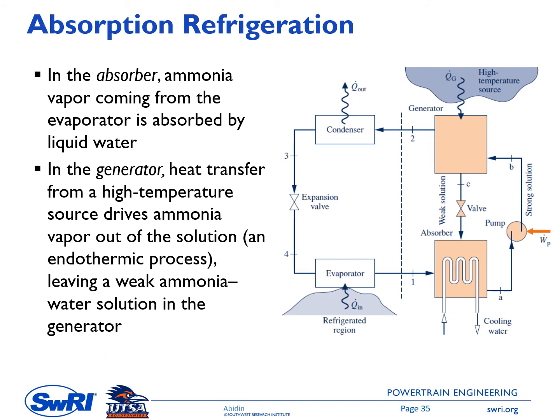So this is the schematic of the absorption refrigeration system. Let's start with the components on the left side. In this case, we have the condenser, the expansion valve, and the evaporator. This means that this is the refrigerant cycle, pretty much the same as the standard vapor compression refrigeration system.